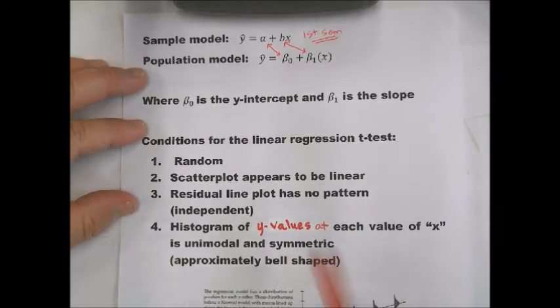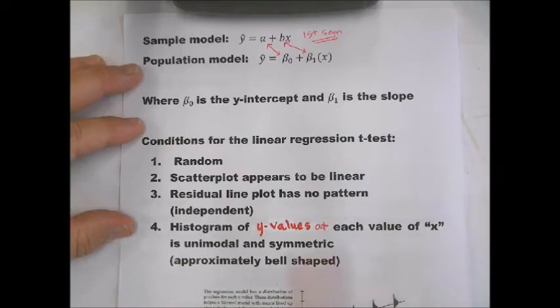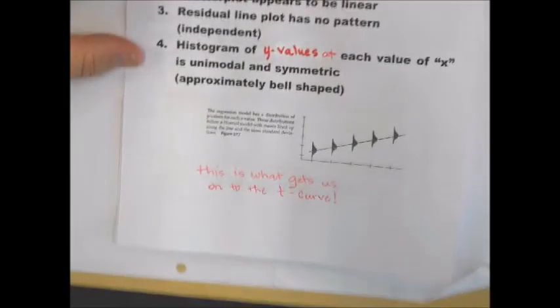The histogram of all the y values at each value of x is unimodal and symmetric, meaning it's approximately bell-shaped. Now, when we took the sample, every x value only had one y value.